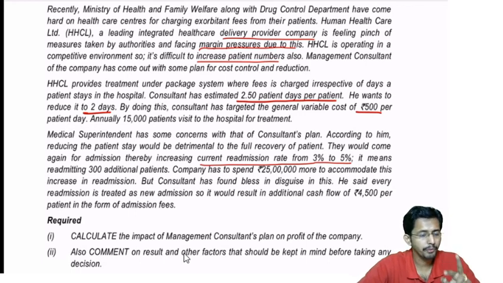How 300? 15,000 is the total number of patients visiting. 5% of that will be 750, and 3% of 15,000 will be 450. So the difference between 450 and 750 is 300 additional patients.